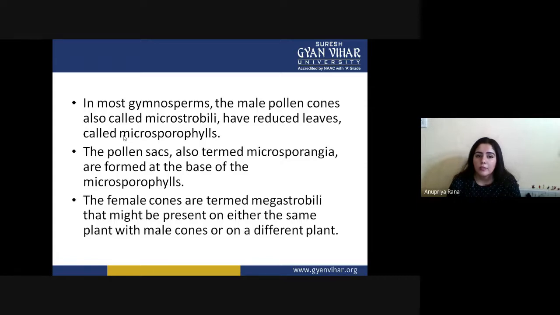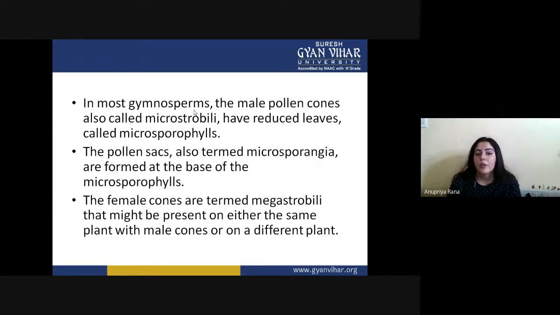These microsporophylls are protective leaves which cover the male gametophyte part of the pollen. The pollen sacs, also termed microsporangia, are formed at the base of the microsporophyll. So these are the microsporophyll leaves, and their base part is represented as the microsporangia.